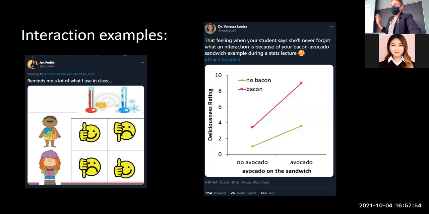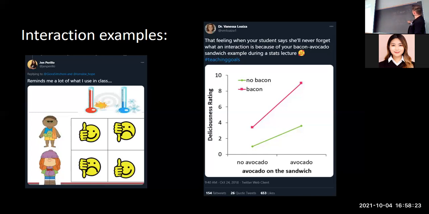Okay, so it also goes the other way. What's the difference in deliciousness? How much benefit do I get by adding bacon to my sandwich if there's no avocado? Around 3 maybe.